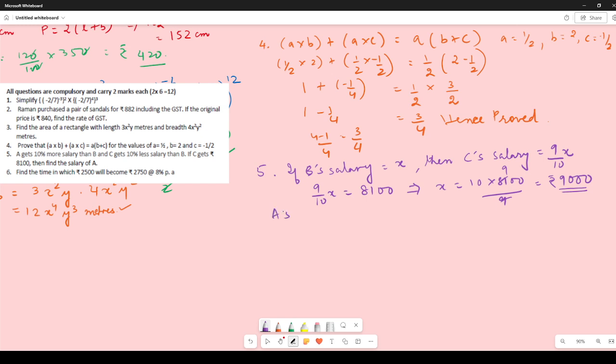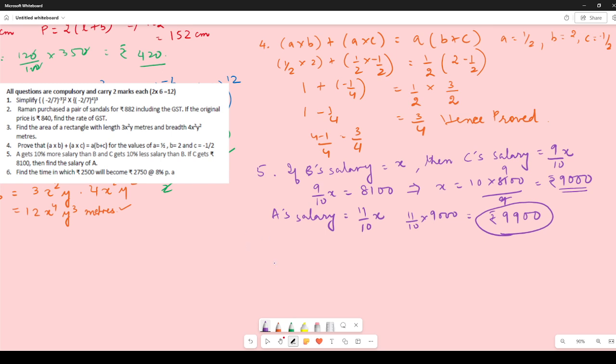So A's salary is equal to 11 by 10x, right? It is 10% more than that of B's salary. So we know what is x. 11 by 10 into 9000 is equal to rupees 9900. So that becomes A's salary, right?